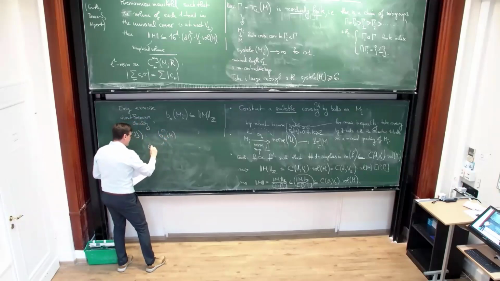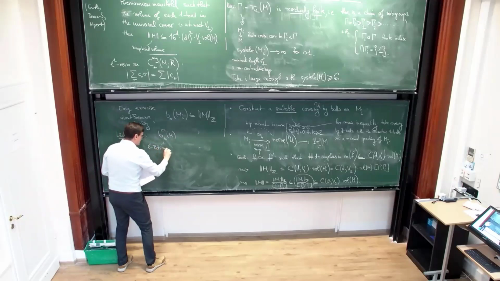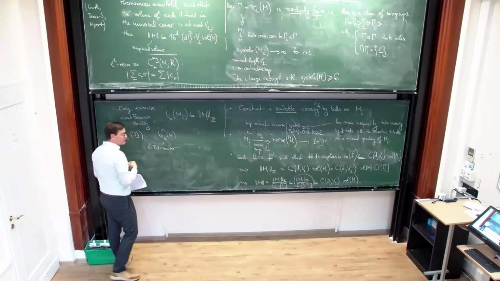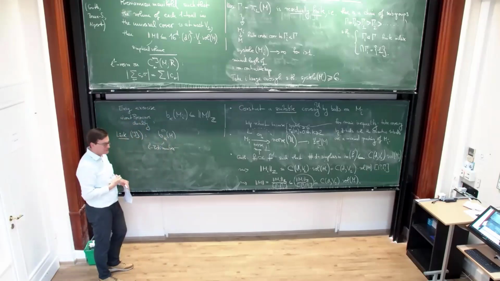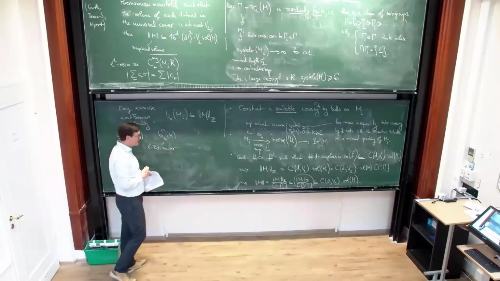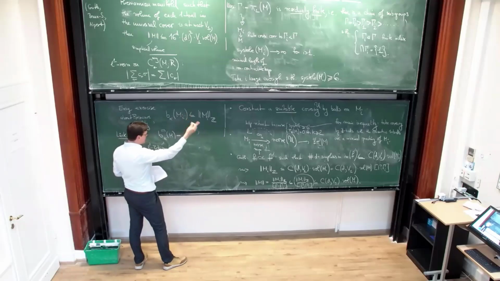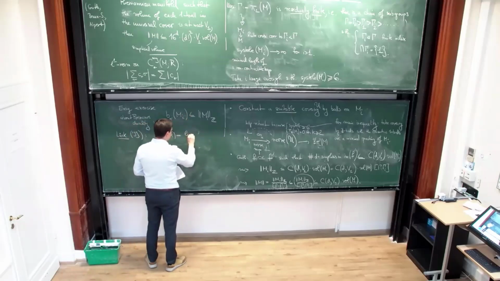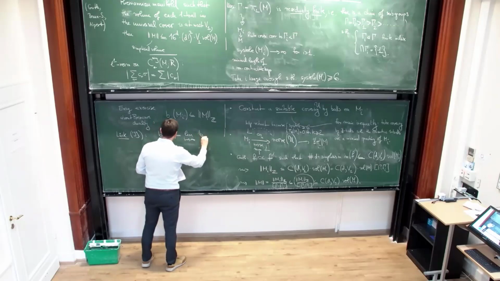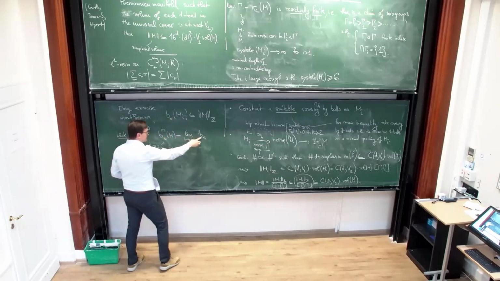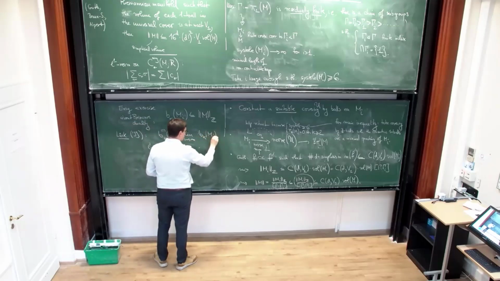If you want, you can take the theorem as a definition, but of course it's not the definition, because it would only be a definition for residually finite fundamental groups, and the invariant is defined in much more generality. But in this situation, this theorem tells you that this is the limit of the corresponding ordinary Betti numbers, normalized by the degree of the covering, which is just the index of this finite index subgroup.